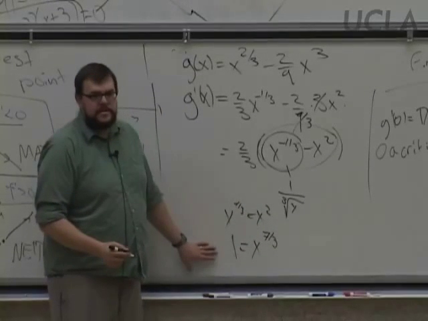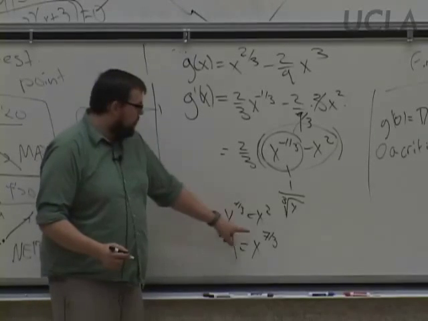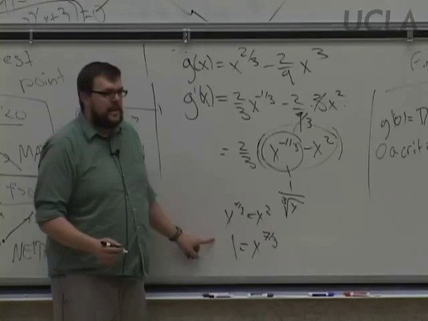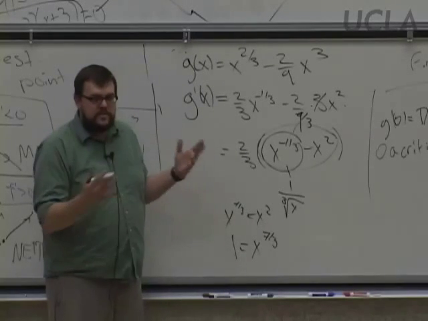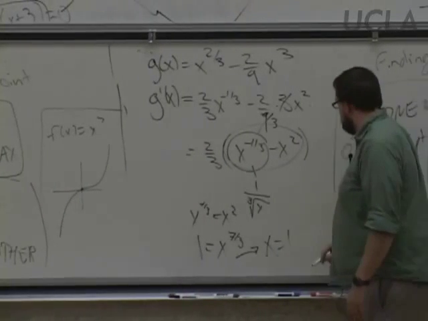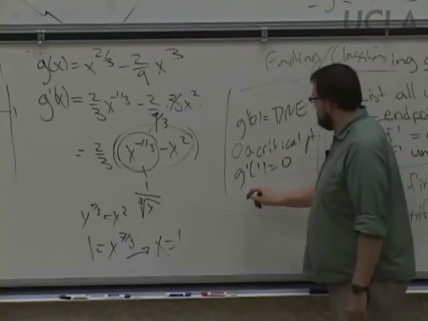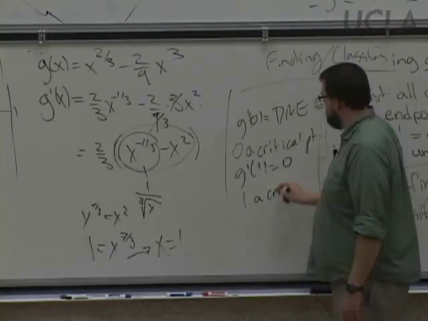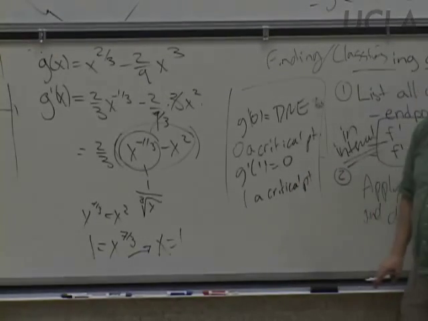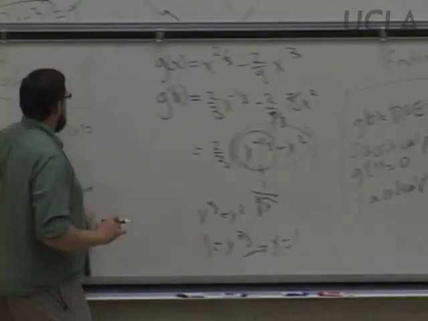There's not very many of them. In fact, there's only one: 1 to any power always gives me 1. So this is x equals 1. Okay, so g prime of 1 is 0. So 1 is also a critical point. Here we have 2 critical points.